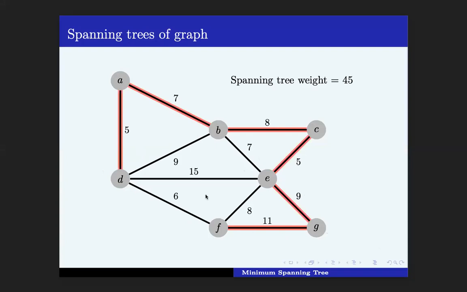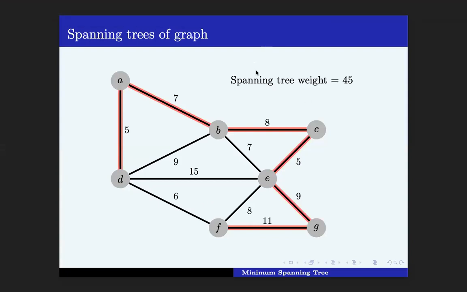Now in a cycle, I can remove any one edge and the graph will still remain connected, right? So the idea is that if I can add an edge of a smaller weight and remove an edge from the cycle of a bigger weight, then I'm in good shape.